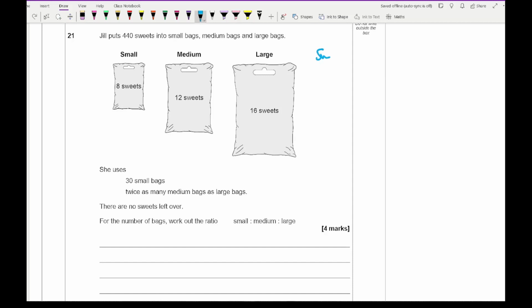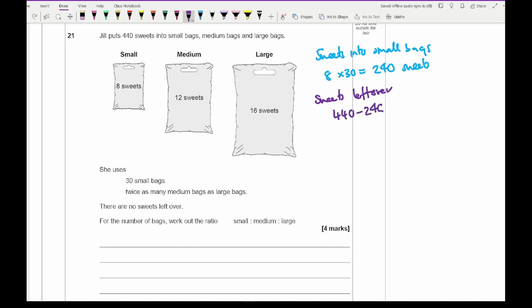So sweets into small bags is going to be 8 times 30, which is 240 sweets. In terms of the sweets left over, that's going to be 440 minus 240, which is 200 sweets.